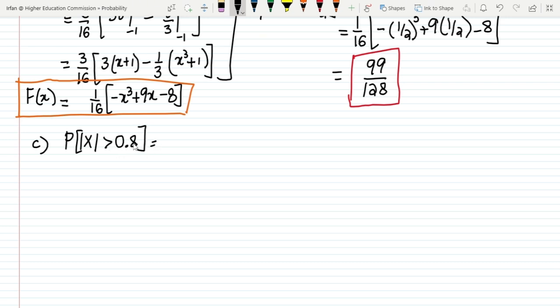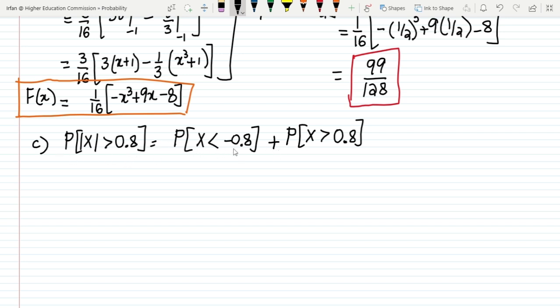Okay, so this exceeding is basically the probability that x is less than minus 0.8, or the probability that x is greater than 0.8. I have to encounter both of these cases, and then accumulating them will give me the answer which is required here.